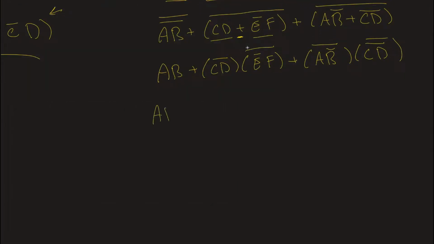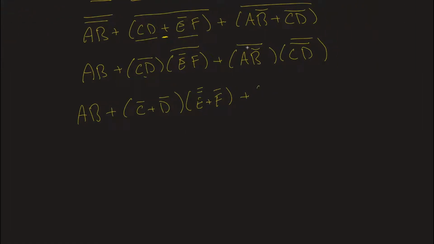Alright, so now we have A, B, or, C not, the AND becomes an OR, D not. Here we're left with E double not, or F not. Over here the same thing. So we have A not, the AND becomes an OR, B double not.